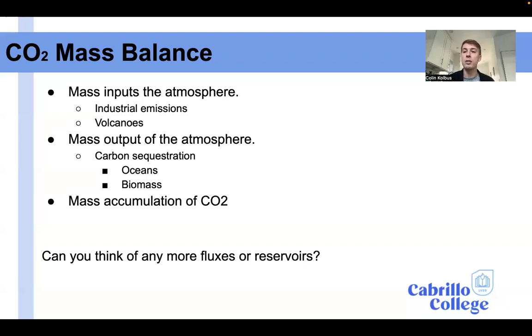And then, of course, as you know, you can accumulate CO2 in the atmosphere, as we have been doing for the last 200 years. Again, can you think of any more fluxes or reservoirs that I missed? There's probably not any more reservoirs in terms of the atmosphere, since it is one homogeneous system of gas, but maybe there are regions that have more CO2 than others.